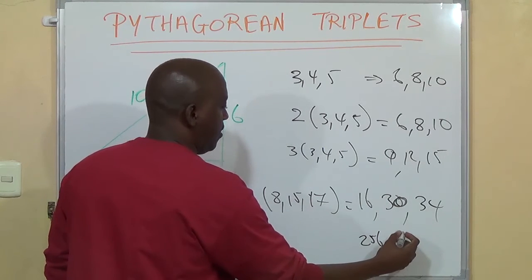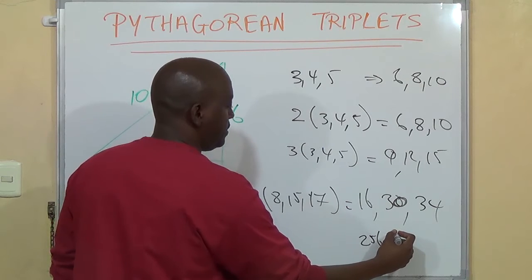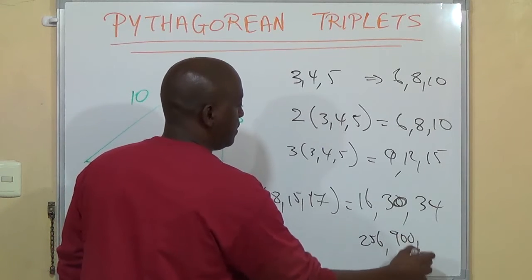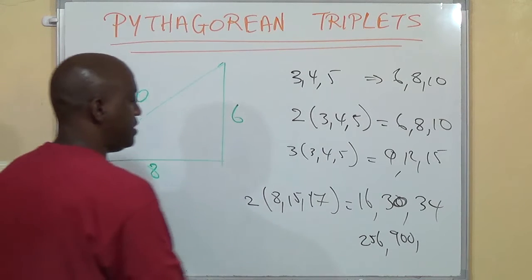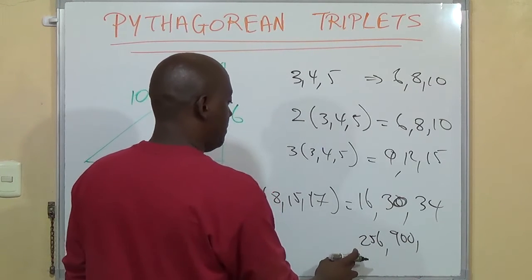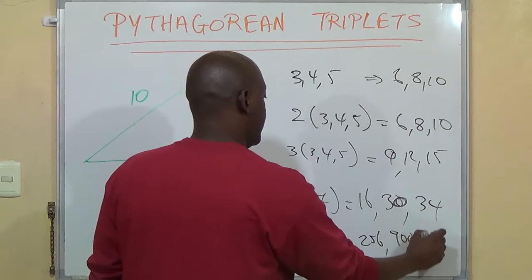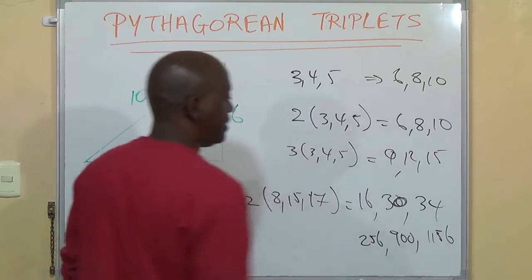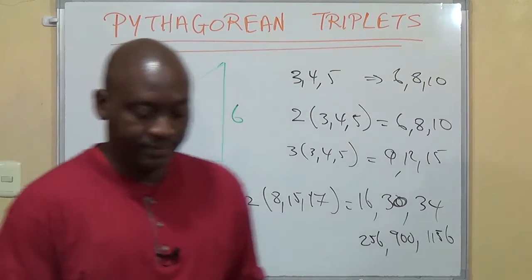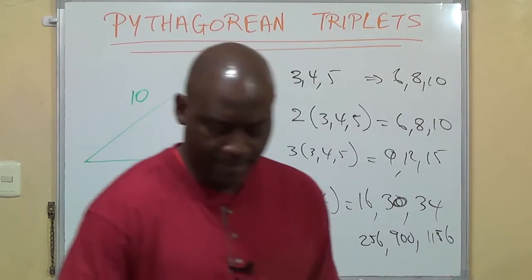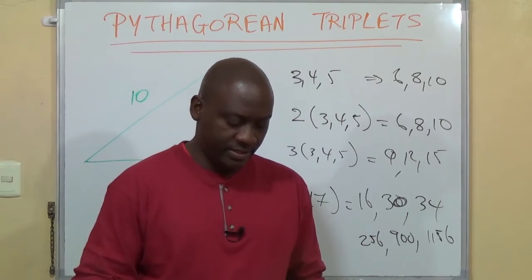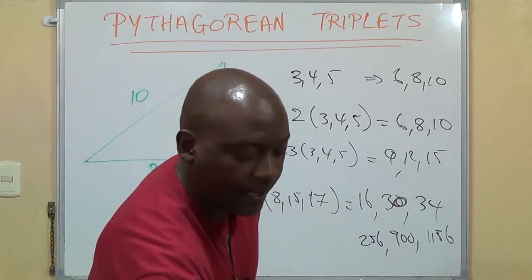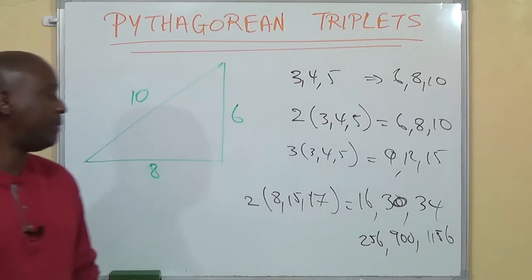The square of 30 is 900. And the square of 34, based on what we see in here, is supposed to be 1156. Let me check it out and see. 34 squared is equal to, yes, 1156. And we could go on and on and on.